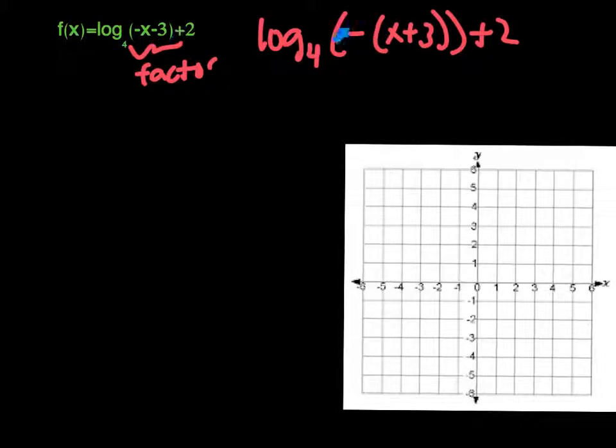I can't do that if there's a negative there. So you have to factor the negative out. And if you don't, your graph is going to be messed up. And this is a strong hint. I would make sure that you can do one of these. Hint, hint, hint.